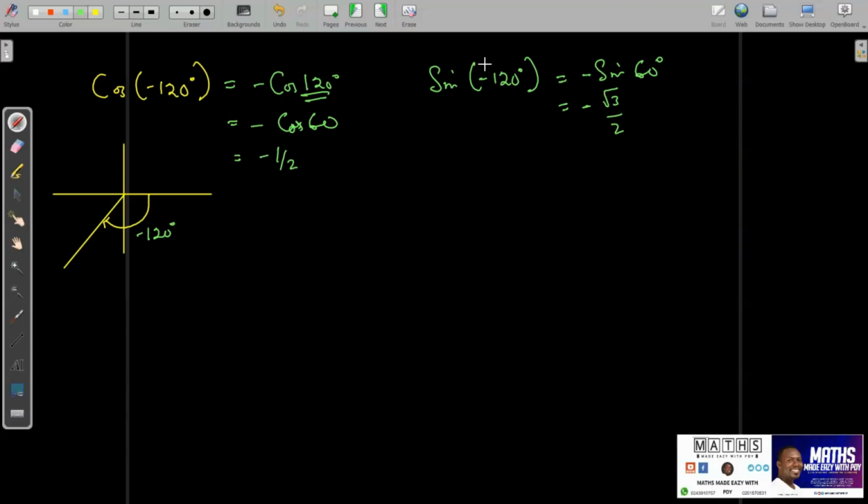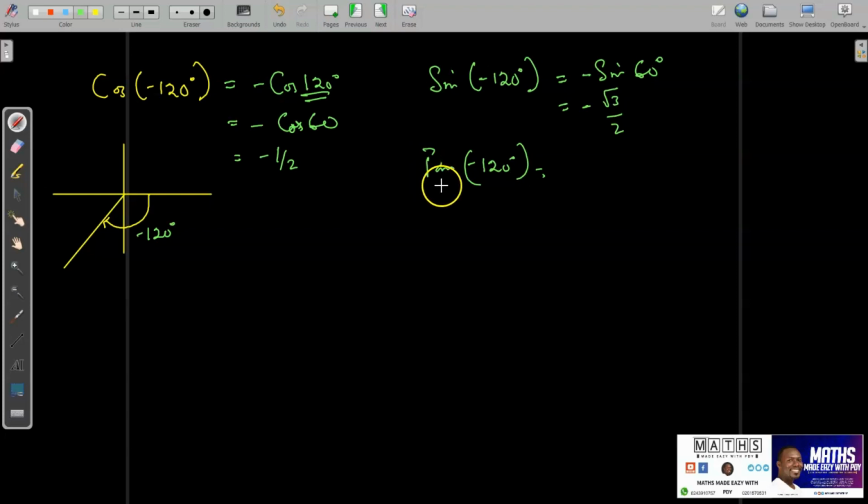All right. So it means we've moved into the third quadrant. Let us take the last one: tan of negative 120 degrees. Then again, you ask yourself, this negative 120 degrees, which quadrant will it find itself in? The third quadrant. What is the behavior of tan in the third quadrant? Tan is positive.